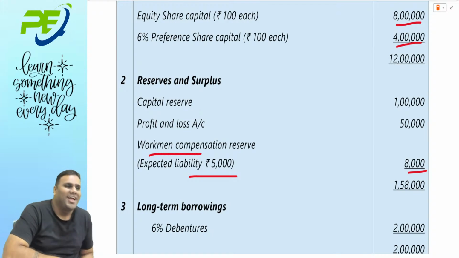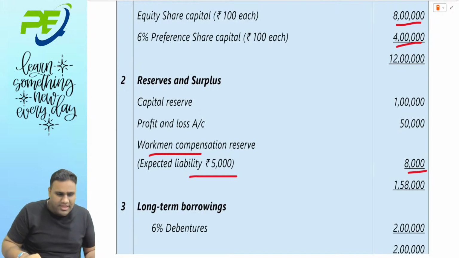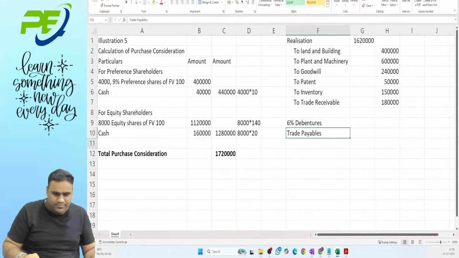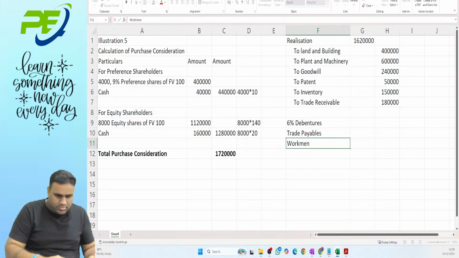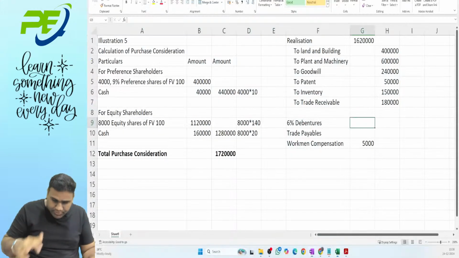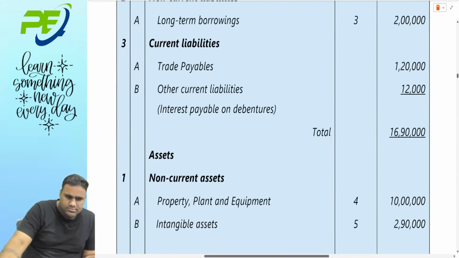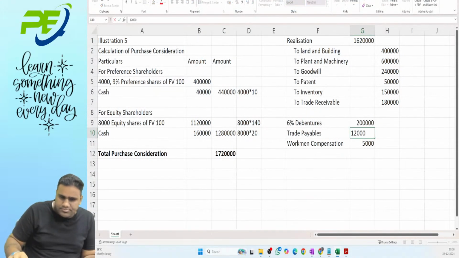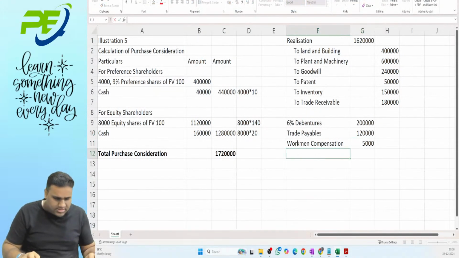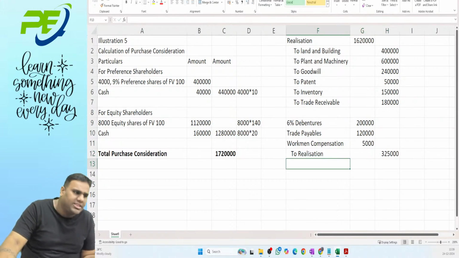Should I recognize the liability of 5,000? The answer is yes. So workmen compensation 5,000, then 6% debenture 2 lakhs and trade payables 120. Add all the three: 3 lakh 25,000.